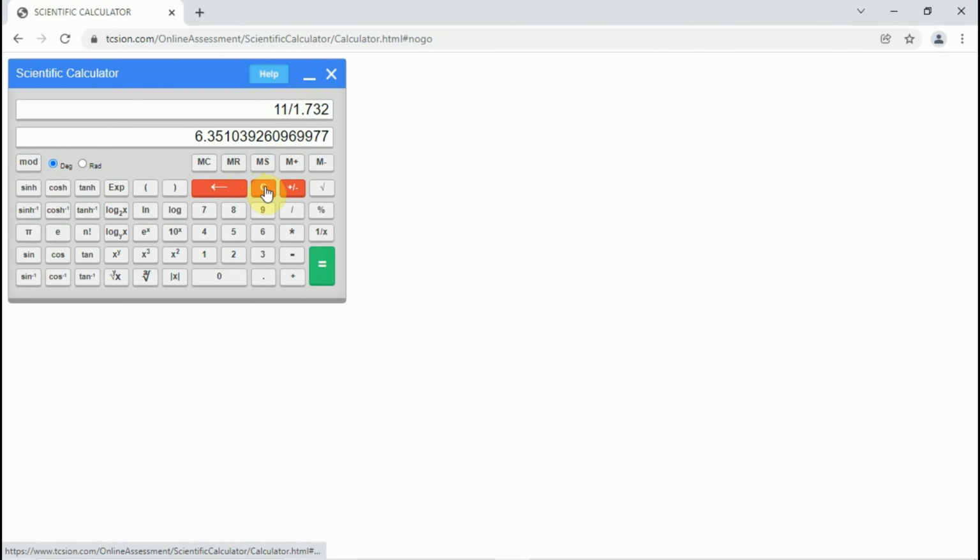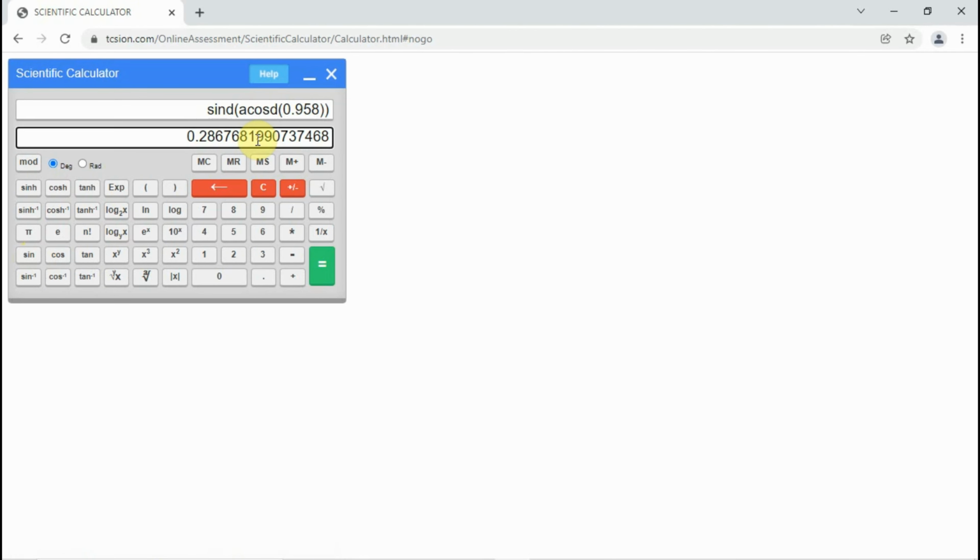So we have to find the cos inverse of 0.958. It is coming 16.66 degrees. Now I have to take the sine of this.